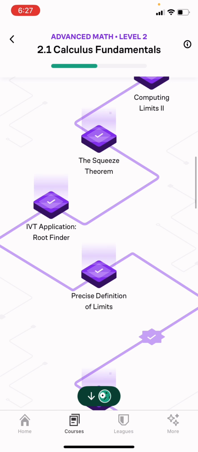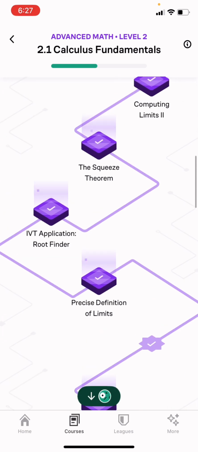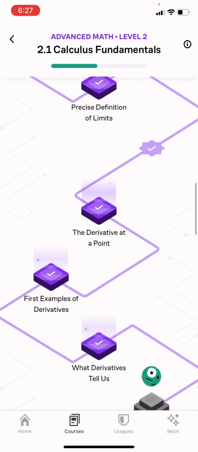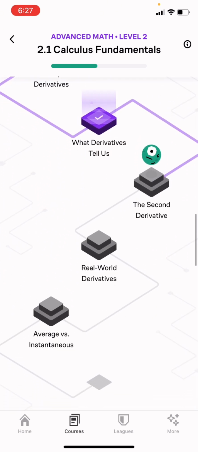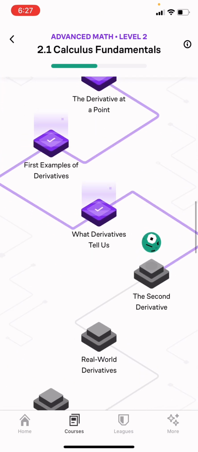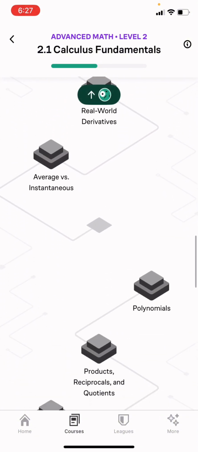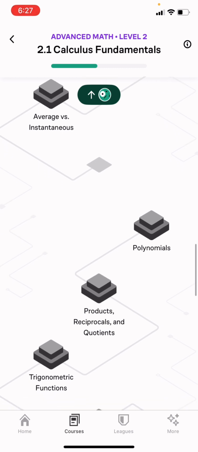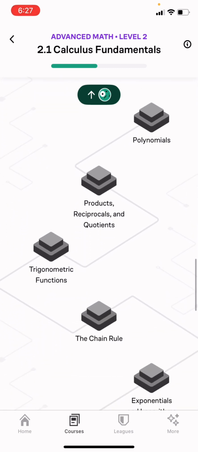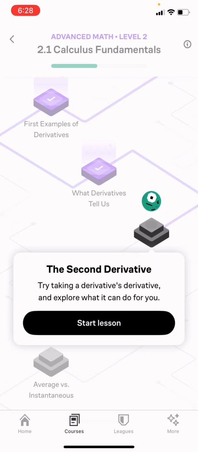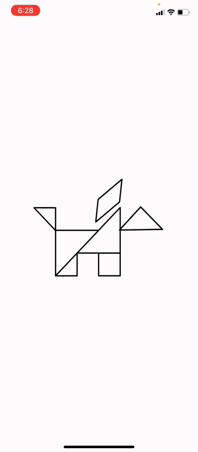Last time I did the squeeze theorem, IVT, precise definition of limits, and the derivative at a point. And I did these two, and now I'm going to do the second derivative, real world derivatives, average versus instantaneous. But I'd rather save these in order. Okay, I'll start now.